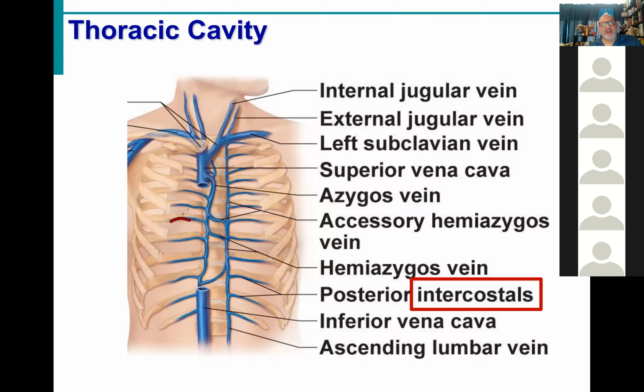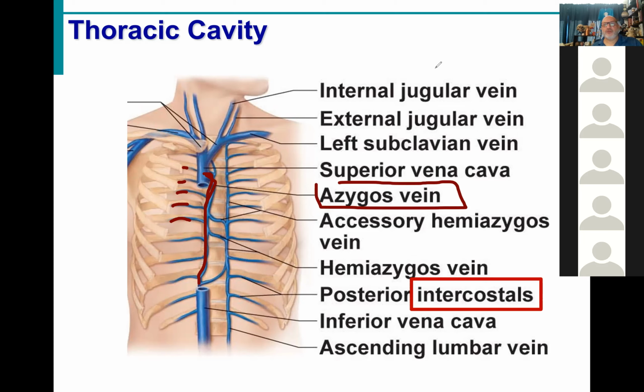As you can see, we have all of these intercostal veins. And the intercostal veins on the right side of the body feed into this long blood vessel known as the azygous vein. Notice the azygous vein feeds into the superior vena cava before it reaches the heart.